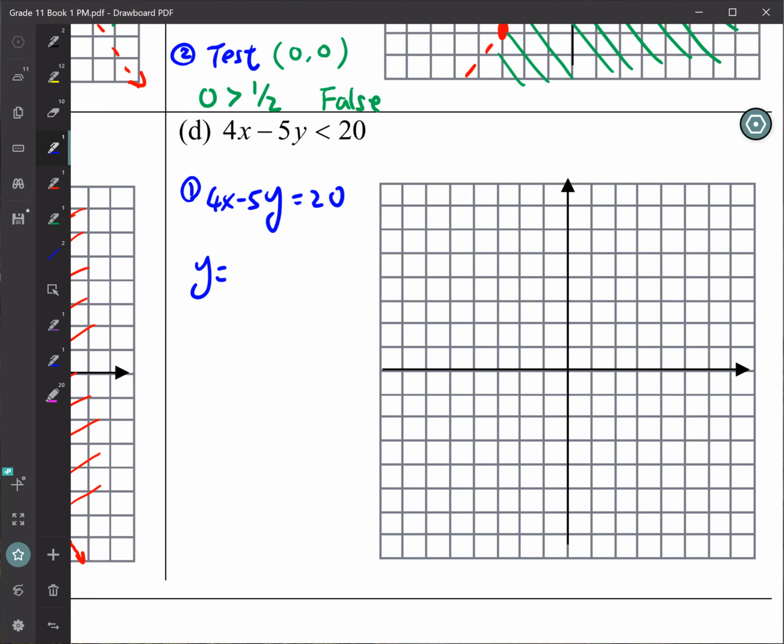Okay. No inequality, just the equal. Y equals... y equals 4/5 times x plus 4. Plus 4, right? Yeah.